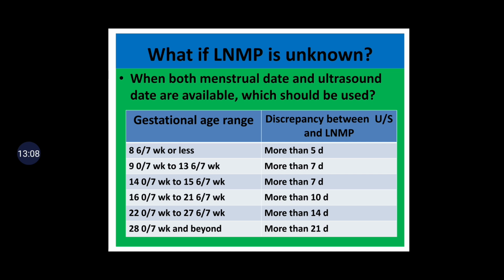For a gestational range of 14 completed weeks to 15 plus 6 weeks and a discrepancy of more than 7 days. 16 completed weeks to 21 plus 6 weeks and a discrepancy of more than 10 days. 22 completed weeks to 27 plus 6 weeks and a discrepancy of more than 14 days. 28 completed weeks and beyond and a discrepancy between ultrasound dating and last normal menstrual period dating of more than 21 days. In these cases, it is preferable to use ultrasound dating.